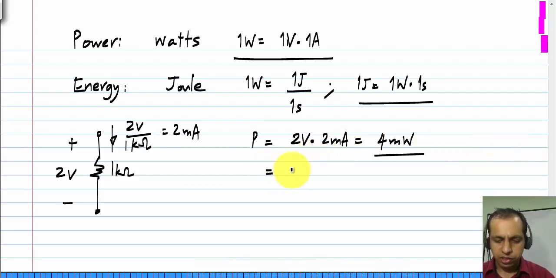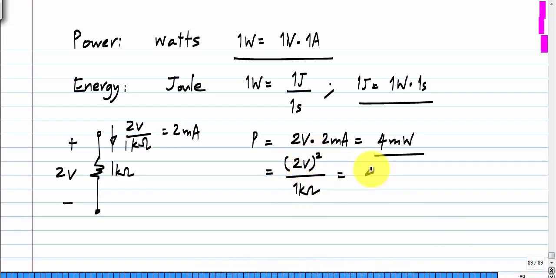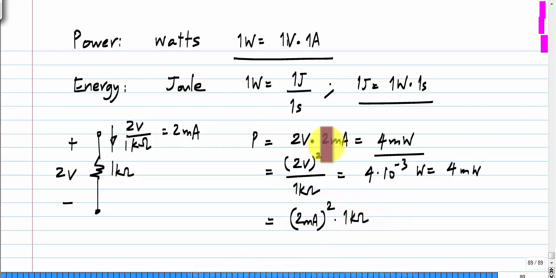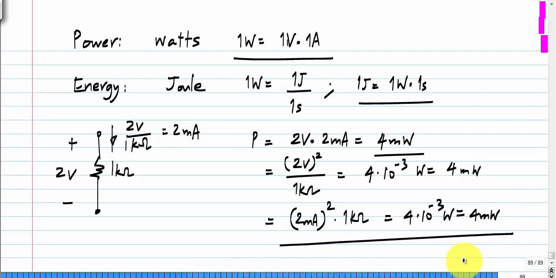Now, you can also calculate this as V square by R, which is 2 volt square divided by 1 kilo ohm, which is 4 times 10 to the minus 3 watts, which is 4 milliwatts. Obviously, we will get the same answer if you use I square R, which is the square of the current times the resistor. You have milliamp squared here, so this is 10 to the minus 6, this is 10 to the 3. So, we have again 4 times 10 to the minus 3 watts, which is 4 milliwatts. Okay. Obviously, all these should give the same answer because all those formulas are formulas for the same thing, the power dissipated in the resistor.